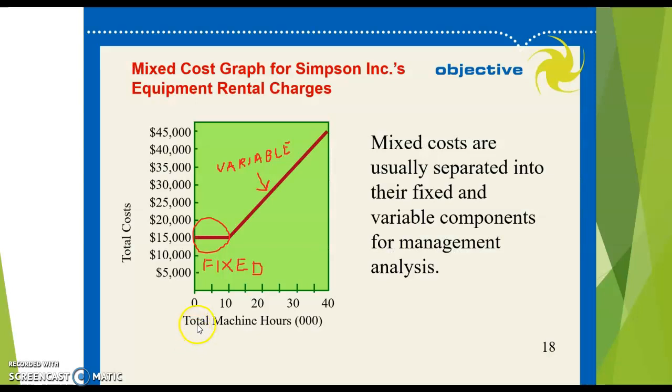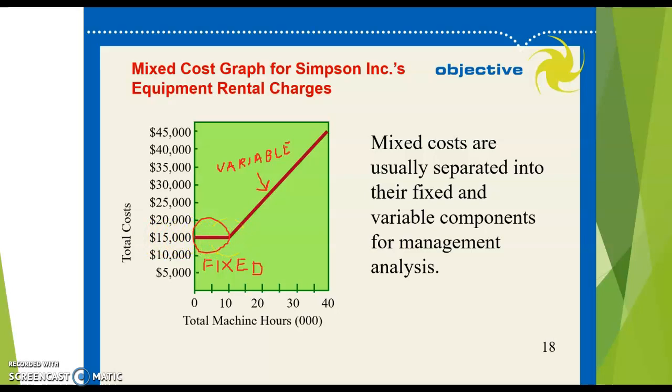So here is a graph. Across the x-axis is the total machine hours in thousands. The first 10,000 machine hours are $15,000. That's the fixed part because it's just flat across there.